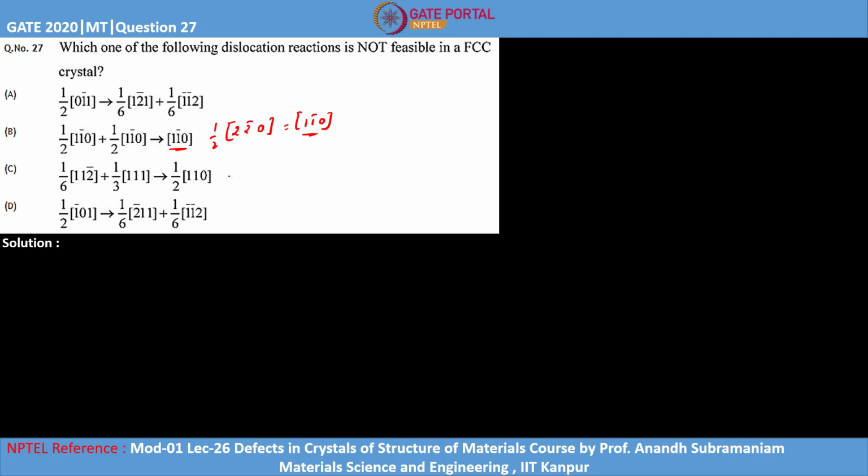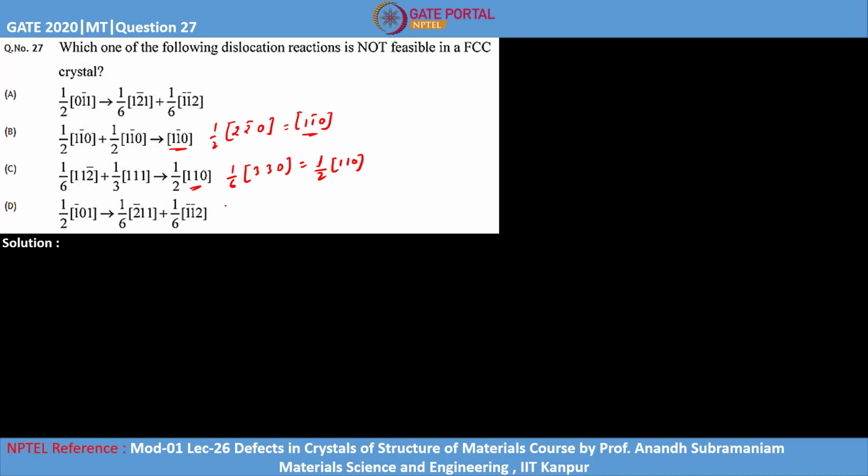If you see the vectorial sum, we will get 1 upon 6 times 1 plus 2 will give you 3, 1 plus 2 will give you 3, and 2 bar plus 2 will give you 0. So if you equate this, we will get 1 upon 2, 1 bar 1 1 0. So this is what we are getting on the right side.